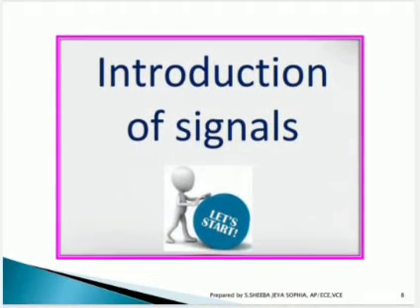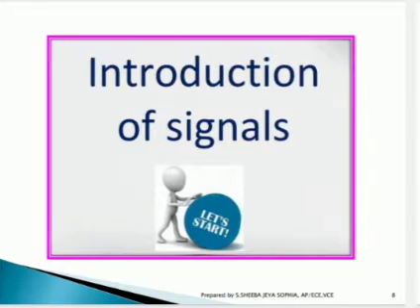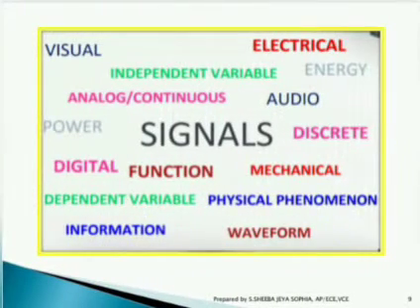So moving to Unit 1, classification of signals and systems. First, as I have said, introduction to signals. We know that there are many types of signals like visual, electrical, audio signals, video signals, digital signals, analog signals, power signal, many types of signals, and also many parameters we will be finding from these signals.